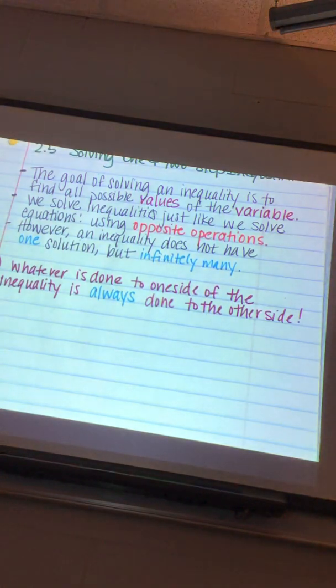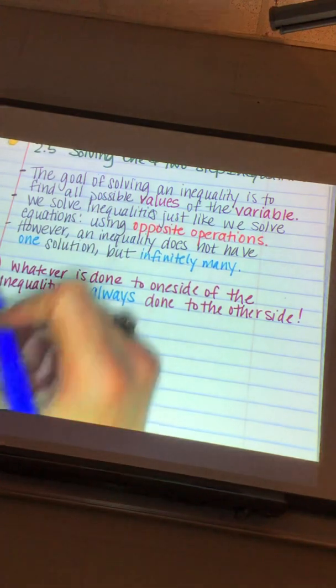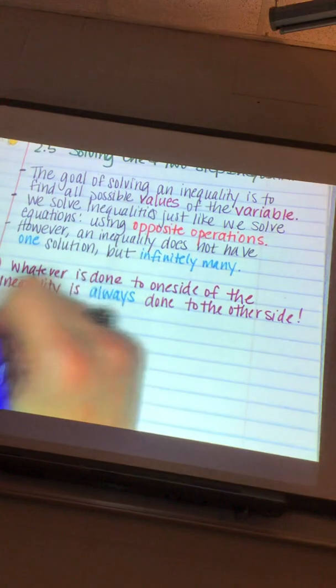Okay? The only difference, and this is important, with inequalities is this. Number 2.